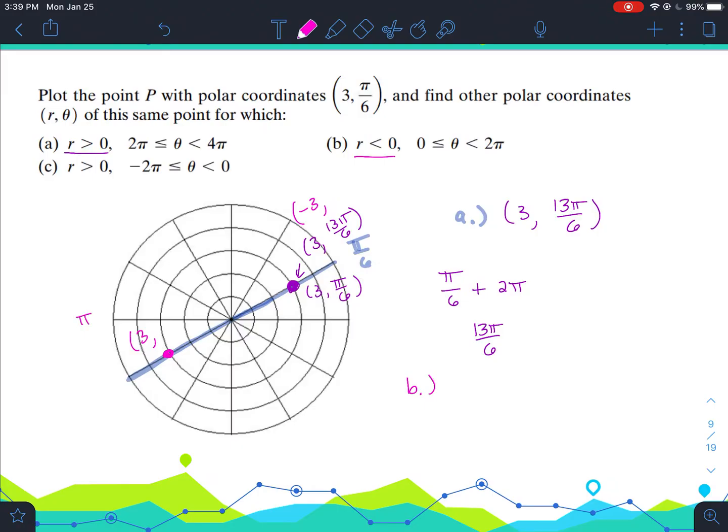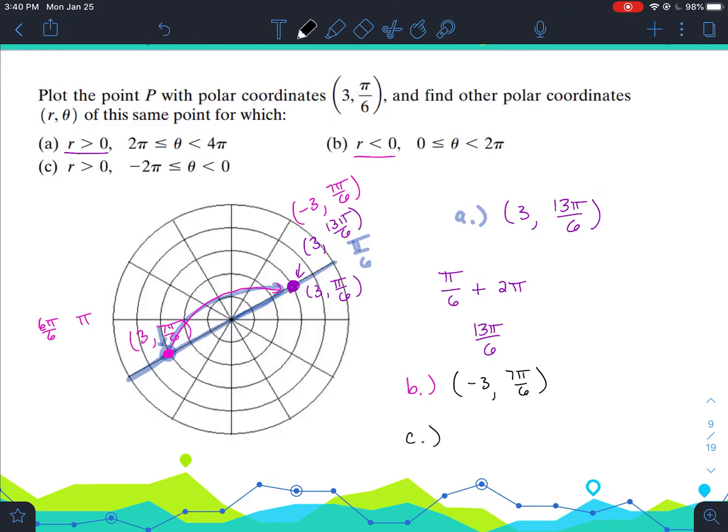Well, this is π, which is the same thing as 6π/6. And so this would be 7π/6 as an angle. So to be back over there, you would make the radius negative. And so I'd be at (−3, 7π/6). So 7π/6 would bring me to this point right here. And then if I make the radius negative, it flips me across the pole to the side that I want. So that would be the point (−3, 7π/6).